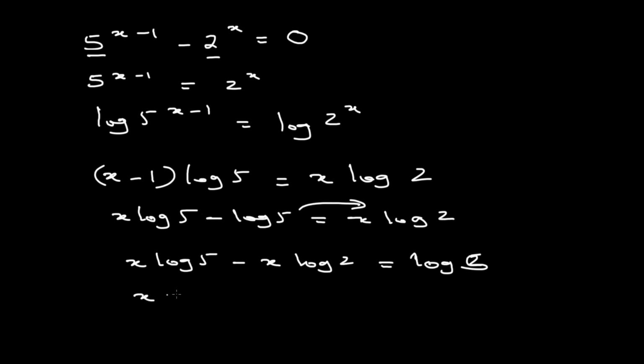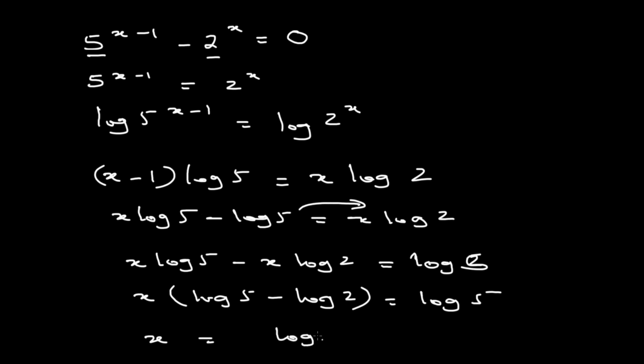And then I can factorize here, x(log 5 minus log 2) equal to log 5. So at the end of the day, x becomes log 5 divided by (log 5 minus log 2).